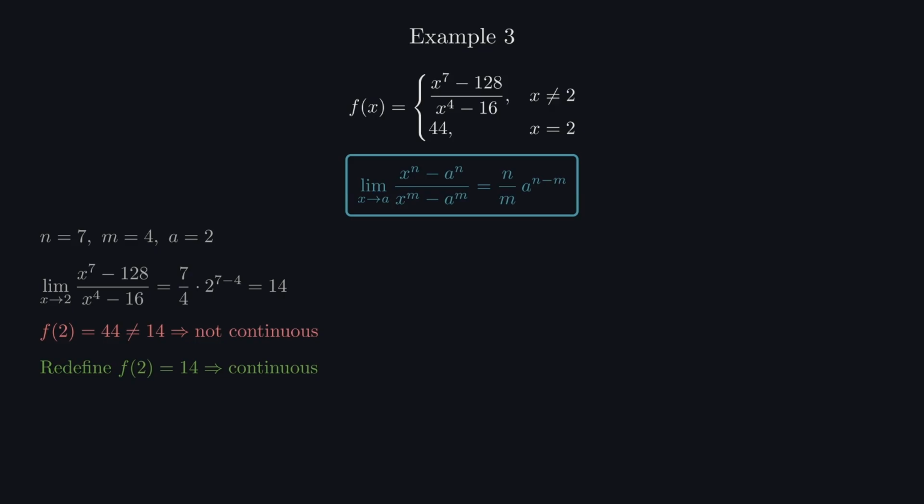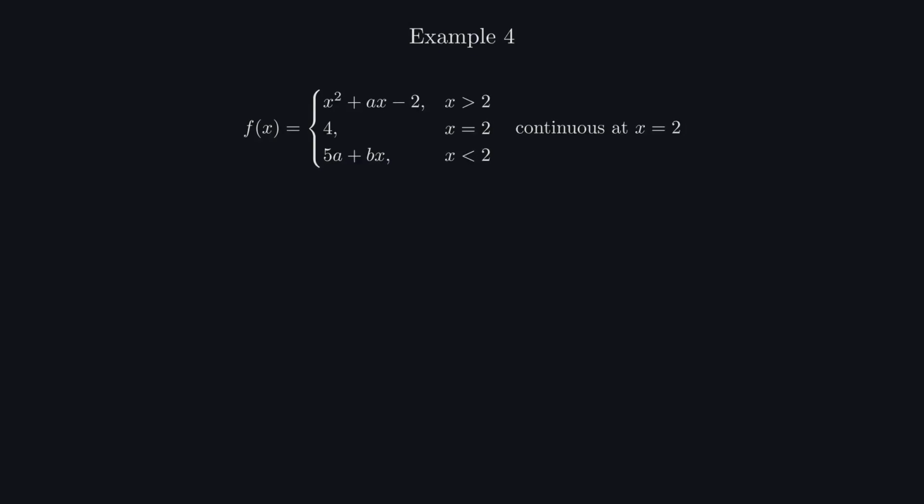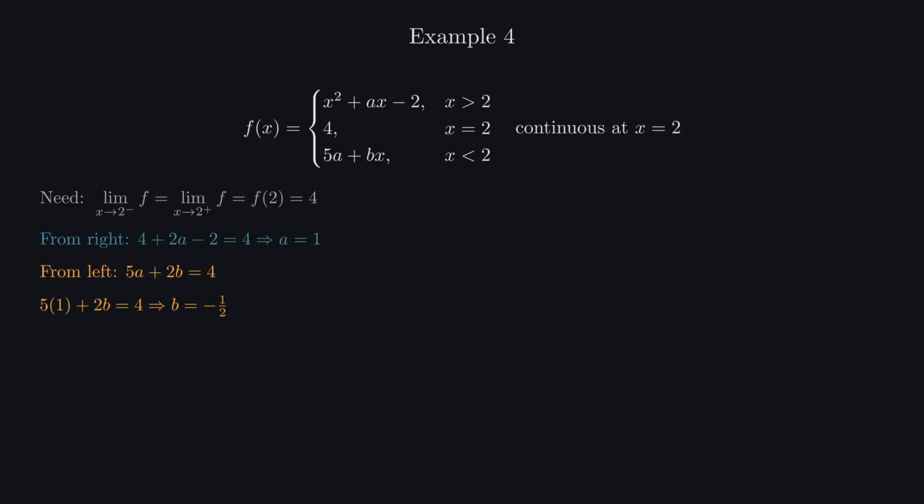In the next example, the function is given with two unknown constants a and b. We are told the function is continuous at x equals 2, and we must find the values of a and b. So f of x equals x squared plus ax minus 2 when x is greater than 2. The function is equal to 4 when x is equal to 2.